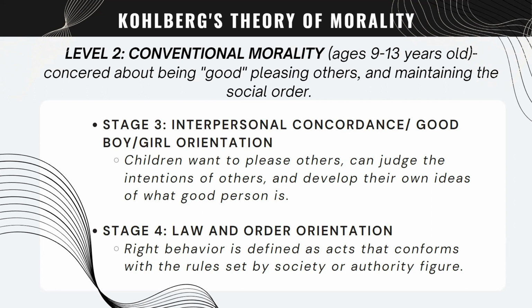Okay, in stage 3, we have what we call interpersonal concordance or the good boy, good girl orientation. Ayan. Dito, they want to please others. They want to help others. They want to be good, and eventually they want to be good for its own sake, not just to please others.